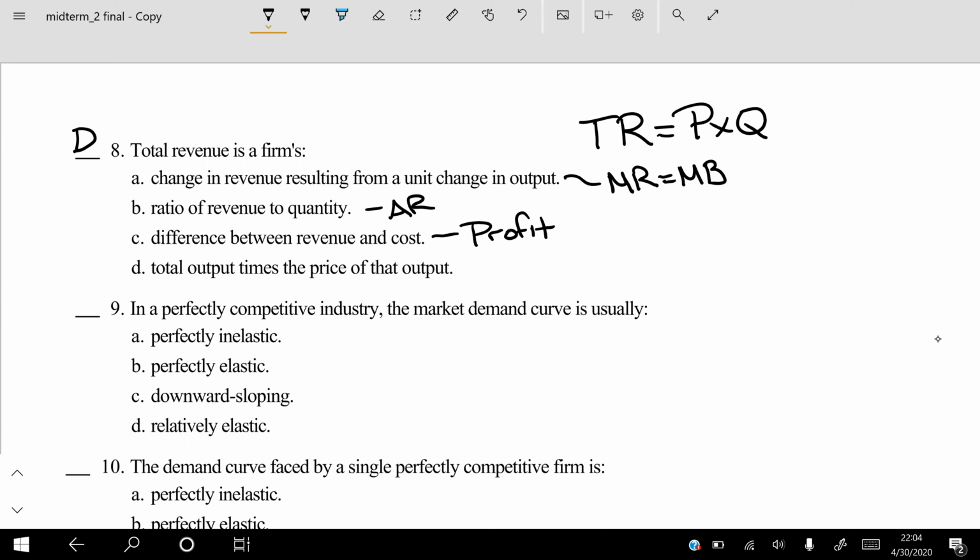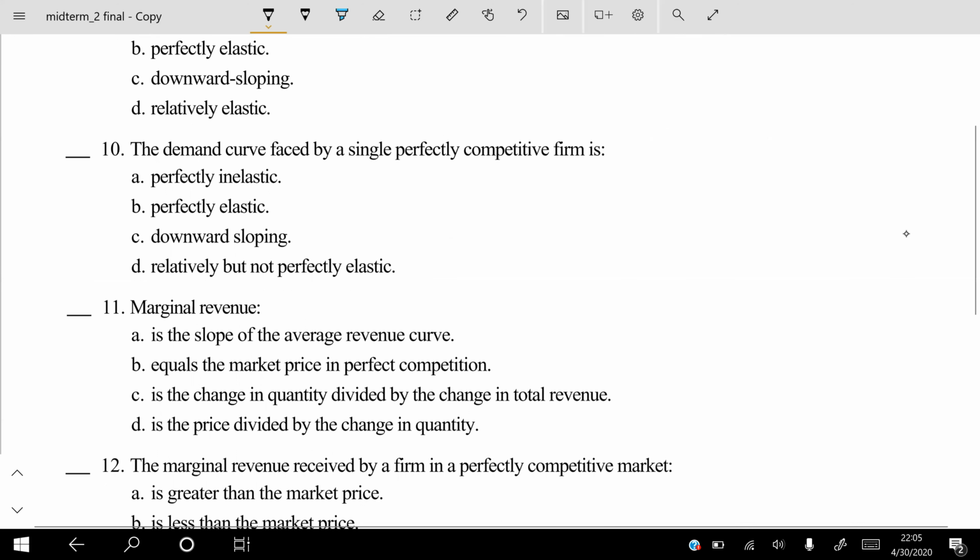In a perfectly competitive industry, the market demand curve is, it's always going to be downward sloping. Again, another definition question. The demand curve faced by a single perfectly competitive firm is perfectly inelastic, perfectly elastic, downward sloping, or relatively but not perfect elastic.